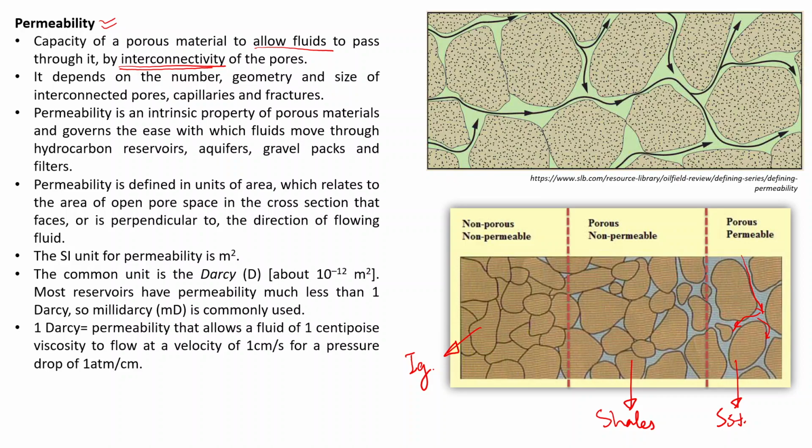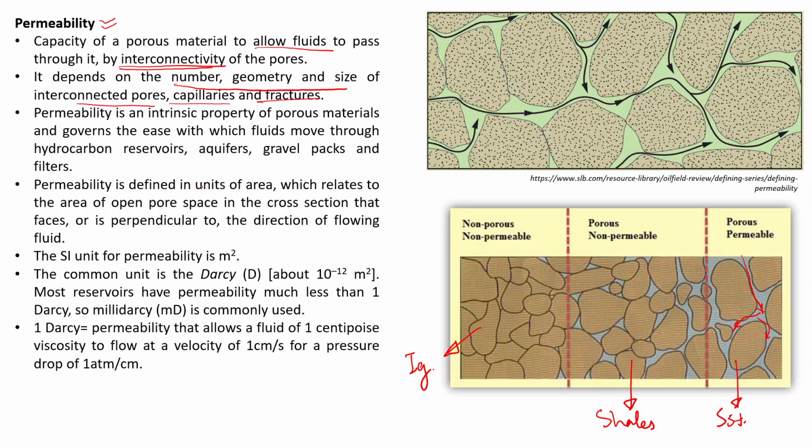This may depend on several factors like the number, geometry and size of interconnected pores, capillaries and fractures. Permeability is normally an intrinsic property of porous material and it governs the ease with which fluids move through hydrocarbon reservoirs, aquifers, gravel packs and filters, etc. So what is permeability?